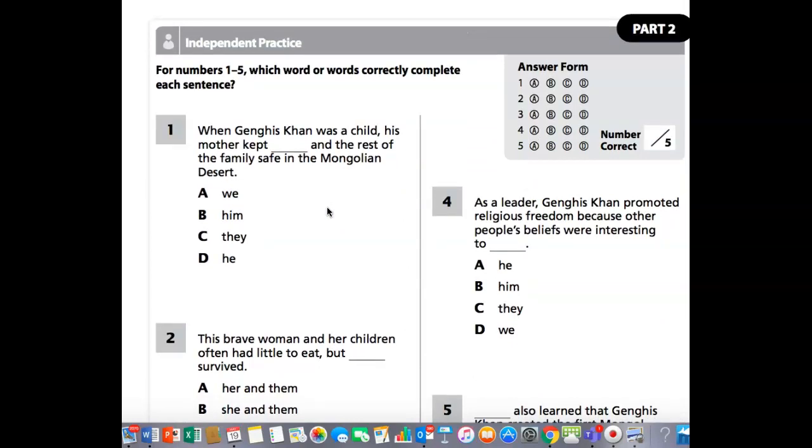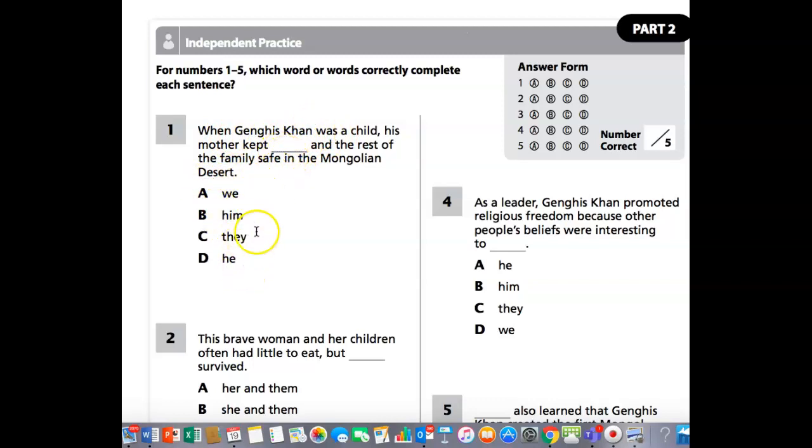So for numbers 1 to 5, which word or words correctly complete each sentence? Number 1 says, when Genghis Khan was a child, his mother kept blank and the rest of the family safe in the Mongolian desert. All right, so you're talking about one child here, Genghis Khan. His mother kept, would you say we? Could be kept him, kept they, kept he.